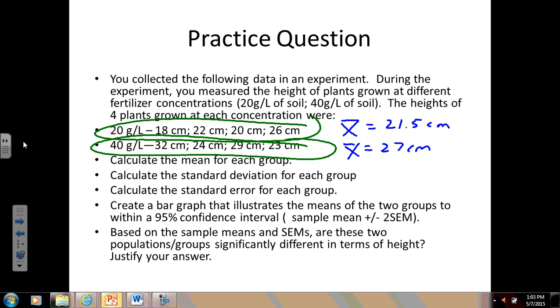Next, we're going to need to calculate the standard deviation, because the standard deviation is part of the equation for standard error, right? We've got to know standard deviation before we can get standard error. So let's go to a slide where we have a little room to work. Let's work just on the 20 grams per liter sample first, remembering that our mean for that group was 21 and a half centimeters. Trying to get standard deviation.